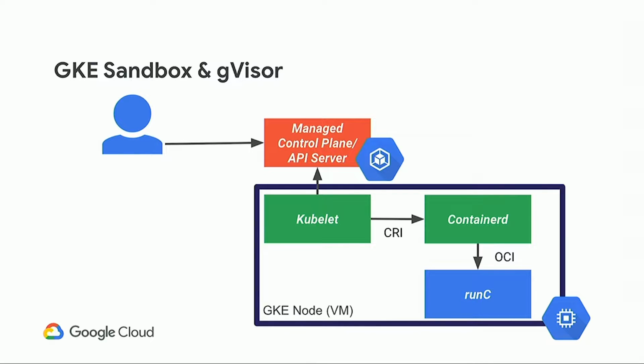That in turn uses OCI to use a low-level runtime in order to run containers. Typically, this would be done using runc. But what we can do with our gVisor enabled nodes is swap that out for gVisor. And this is enabled because we're using the OCI as a standard interface.